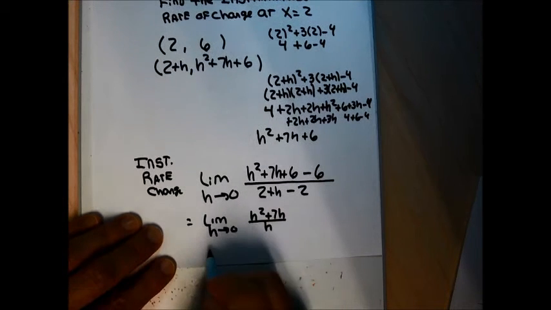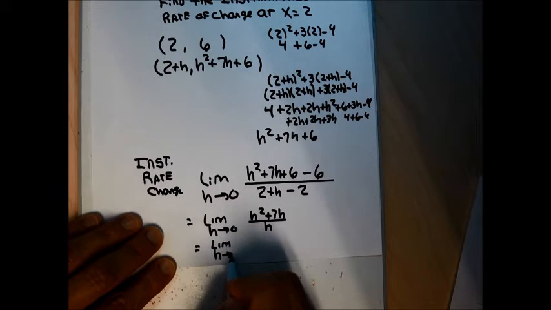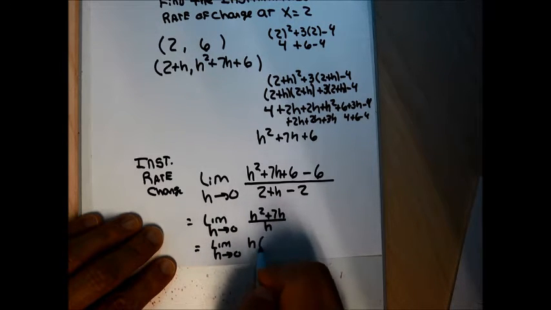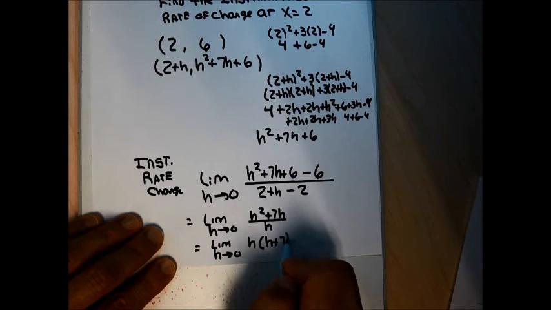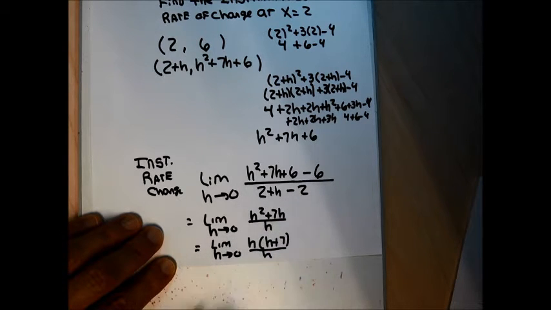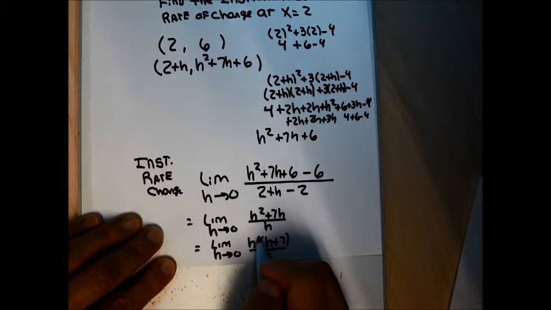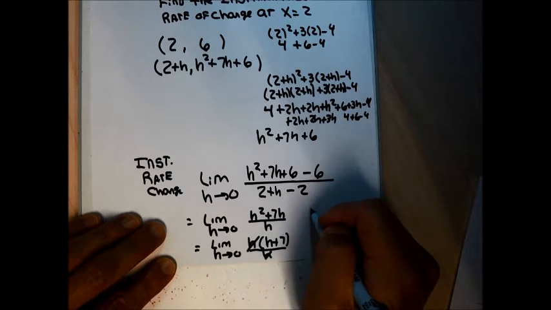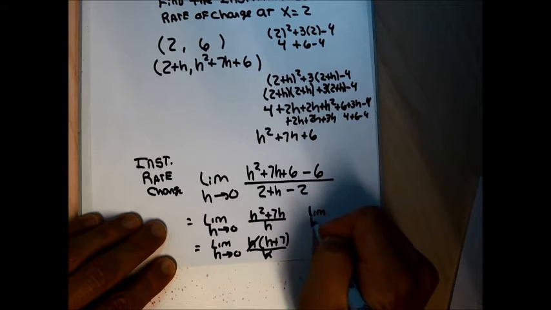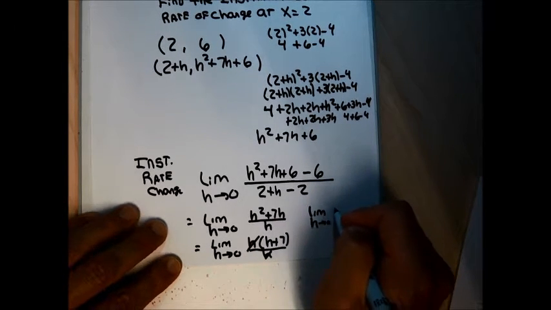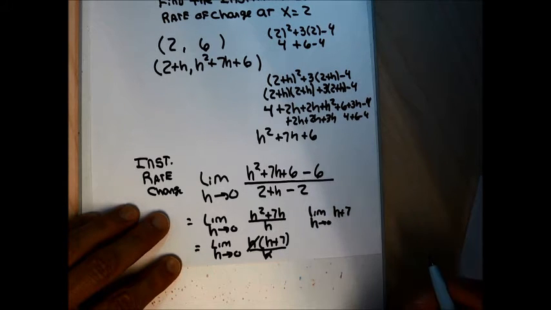I'm going to factor out an h from the numerator, so it's going to be the limit as h goes to 0 of h times h plus 7 over h. The h's cancel, leaves me with the limit as h goes to 0 of h plus 7.